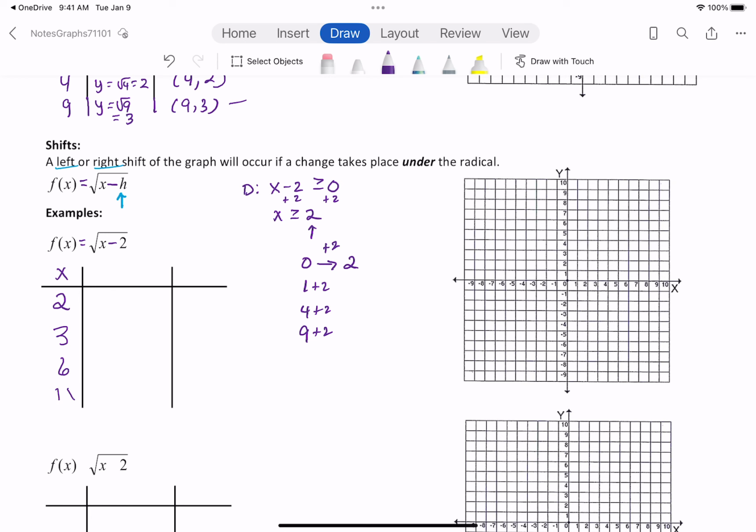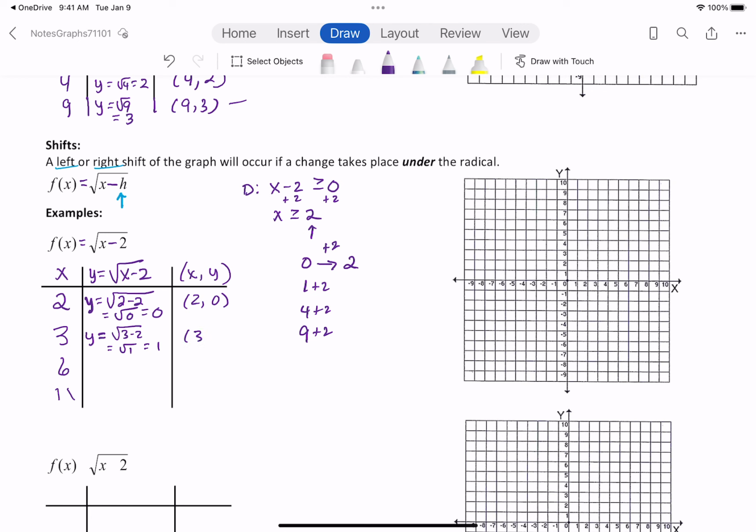Alright, so let's plug those in. I'm going to put y equals square root of x minus 2, and then my ordered pair. If I replace x with 2, we get square root of 0, which is 0. So this first ordered pair, if x is 2, y is 0. If I plug in 3 for the x, we get square root of 1, which is 1.